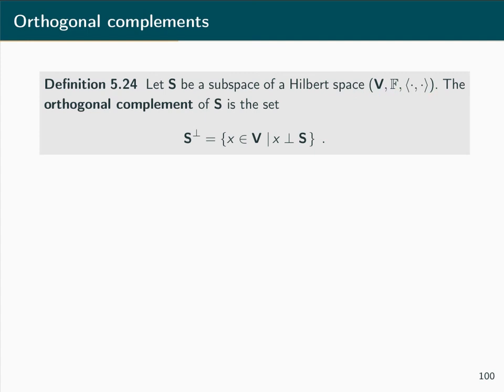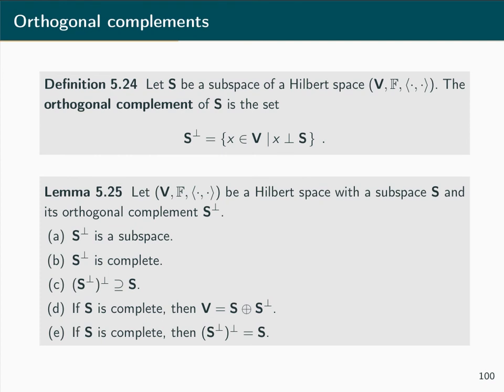Then the orthogonal complement of S is the set of all vectors x in V which are orthogonal to the subspace S, and we denote it as S with this little orthogonal sign in the superscript. As a little forward reference, the orthogonal complement will play a major role when later on we talk about the controllable and unobservable subspace of a linear system.